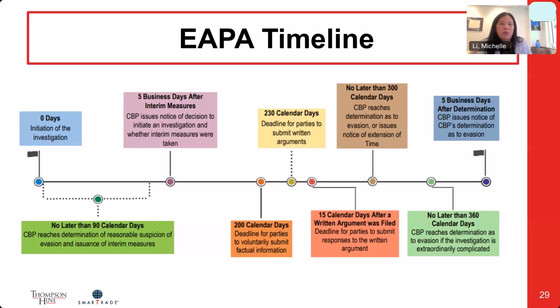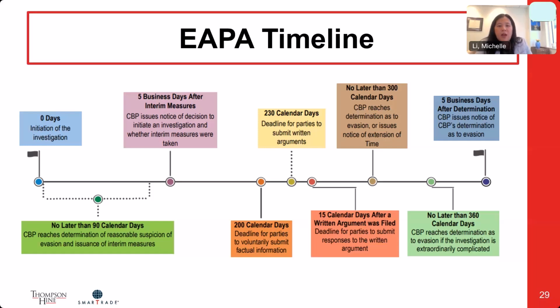And when would Customs initiate an investigation? It is typically 15 business days after the allegation has been filed. From there, CBP has 90 calendar days to make a formal decision on whether there is a reasonable suspicion that AD/CVD duties have been evaded.